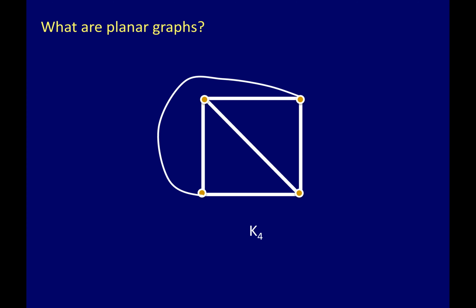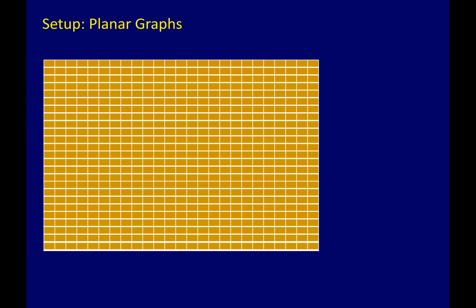The prototypical planar graph of bounded degree is the root n by root n grid. Here is one fun fact about bounded degree planar graphs in general and the grid in particular.